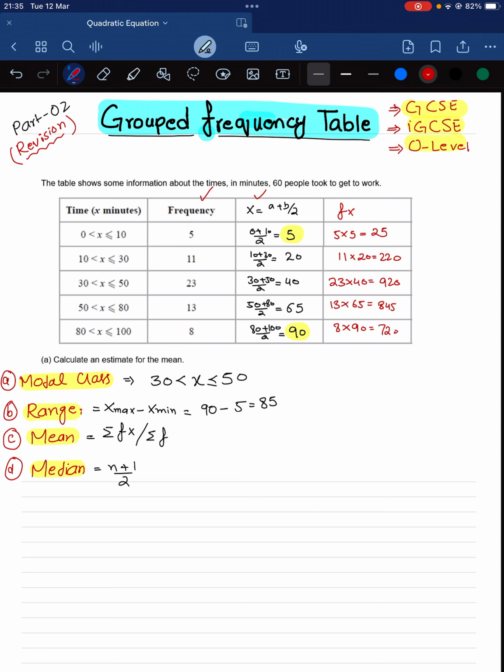Now for sigma fx we need to add them. If we add all these values, we will get sigma fx.